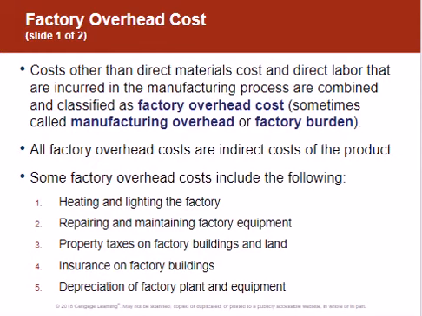All factory overhead costs are indirect costs. Some factory overhead costs include the following: heating and lighting the factory, repairing and maintaining factory equipment, property taxes on factory buildings and land, insurance on factory buildings, and depreciation of factory plant and equipment.